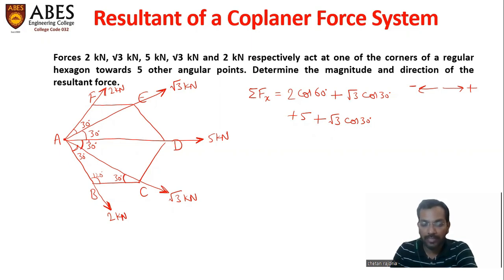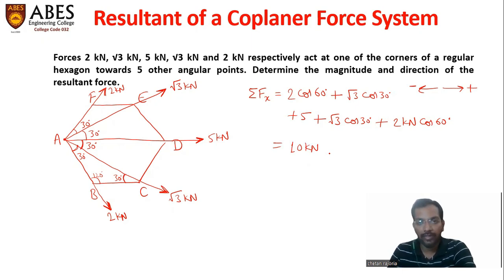And the resolved part is once again acting along the horizontal right hand side direction, plus 2 kilonewton cos 60 degree. So this is the total summation of the horizontal components of these 5 forces. We can find it out using our calculators, and the value is coming to be 10 kilonewton.